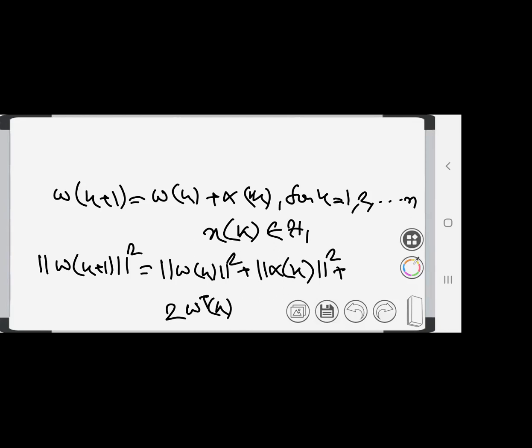This is nothing but squaring both sides. Okay, but we know that W transpose k x k is less than or equal to 0.